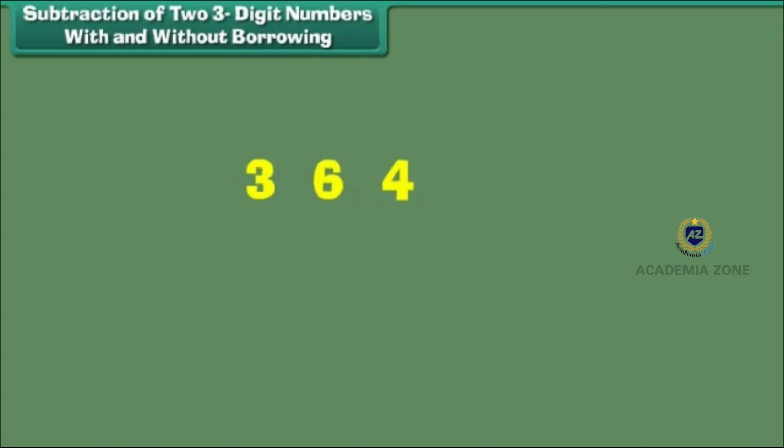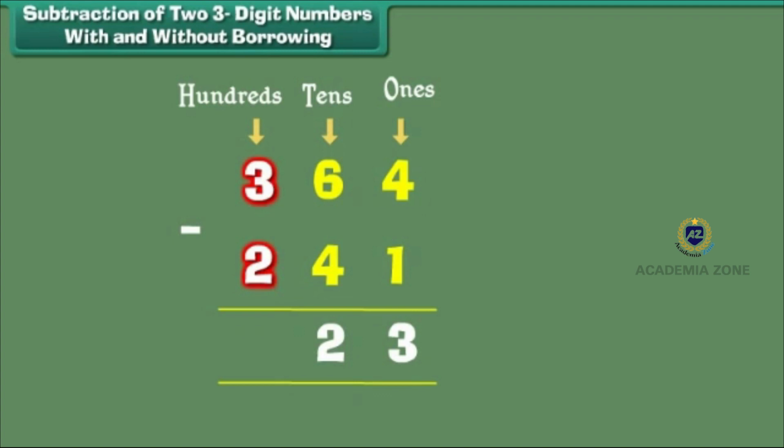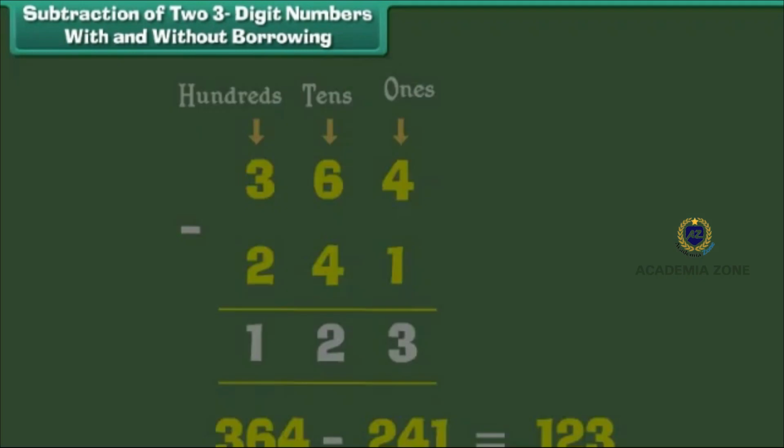What is 364 minus 241? 4 minus 1 is equal to 3. 6 minus 4 is equal to 2. 3 minus 2 is equal to 1. 364 minus 241 is equal to 123.